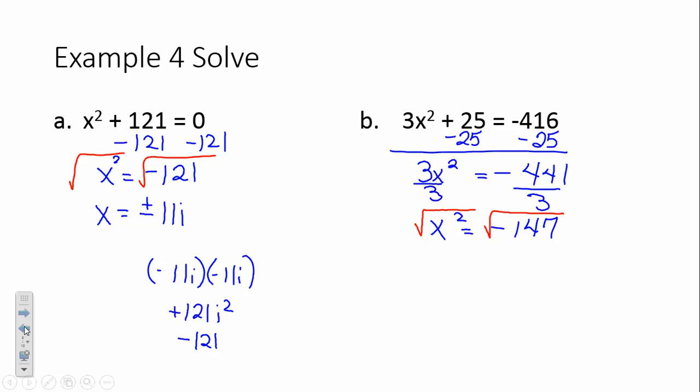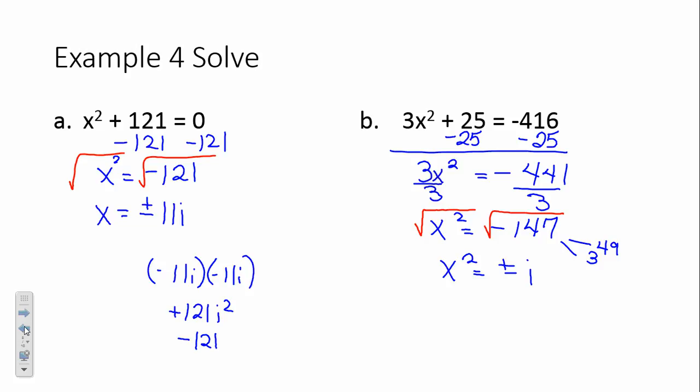Don't lose your negative. So we'll get an x squared equals, well, but negative doesn't have to be in there anymore, right? Yep.